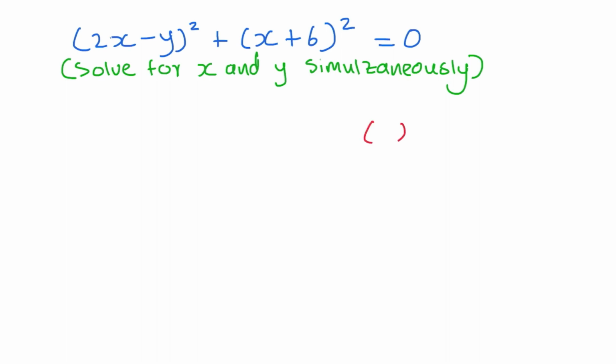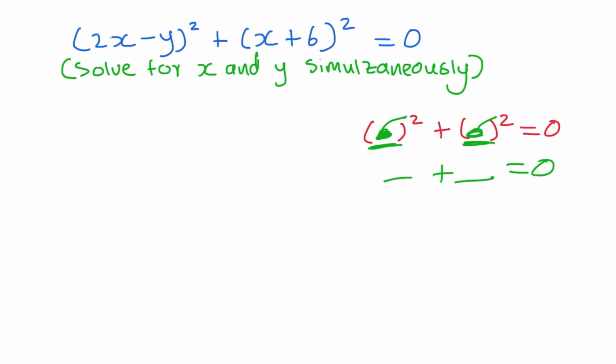Every time you have two brackets squared, plus a bracket, equated to 0, the question you should be asking yourself is, what can be in here and what can be in here, where whatever is in here and in here are squared, the answers, when you add them, can give you 0? Other people will say, well, if I have a negative number here and a positive number here and those numbers are equal, chances are I can get a 0, right?